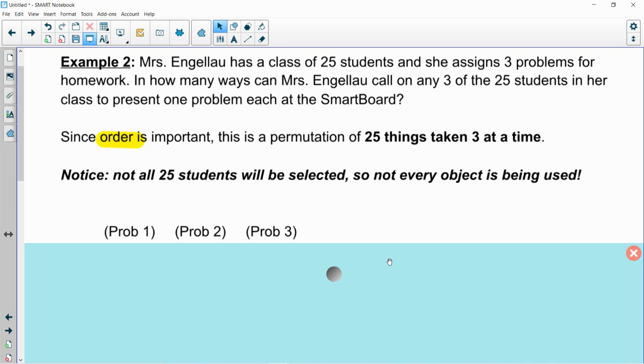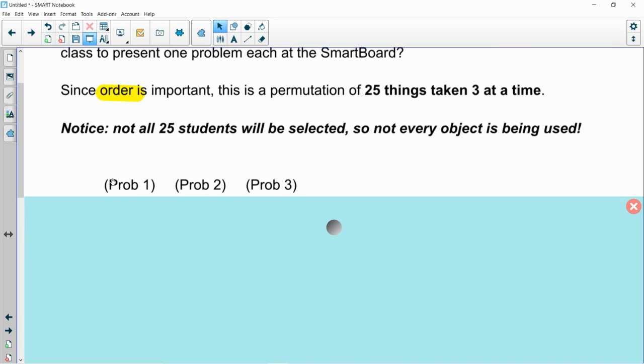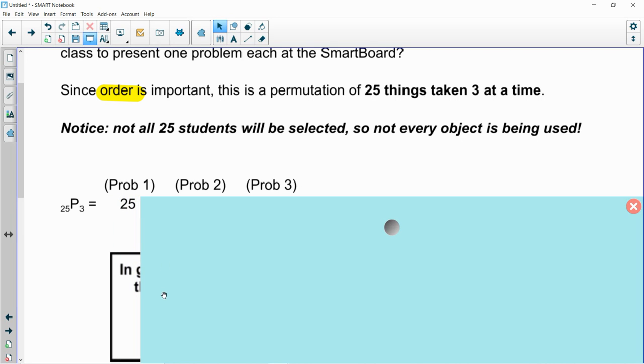So let's think about this. Let's work this out since this is a little bit different. We've got problem number 1, problem number 2, and problem number 3. And Mrs. Angelo is going to pick. So she starts with problem number 1. Now this, we already agreed, was a permutation of 25 things taken 3 at a time. And remember what that looks like. When Mrs. Angelo first goes to select a student for problem number 1, she has 25 students to choose from. So she picks 1.